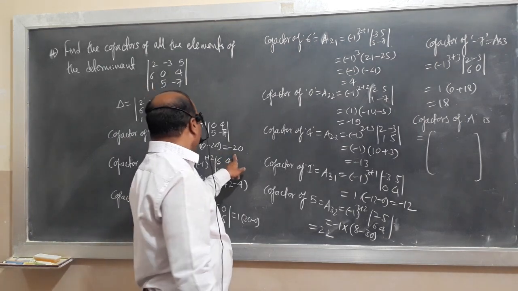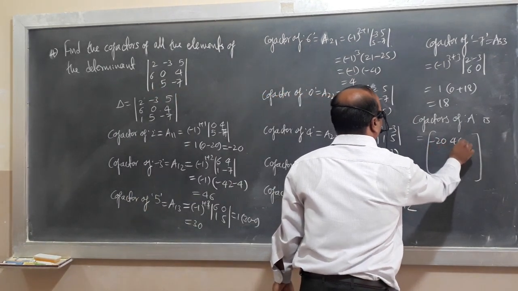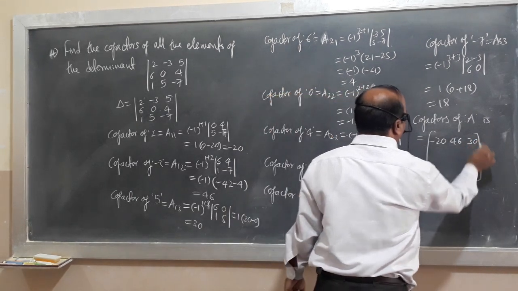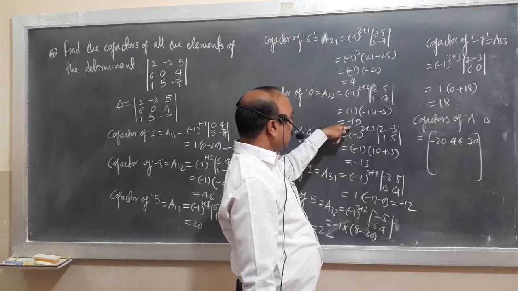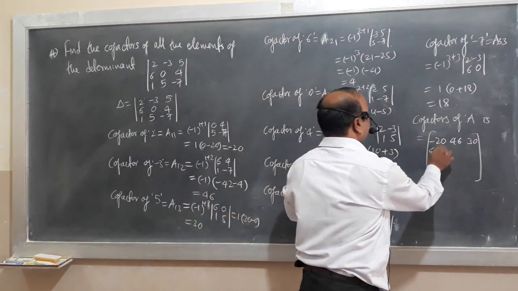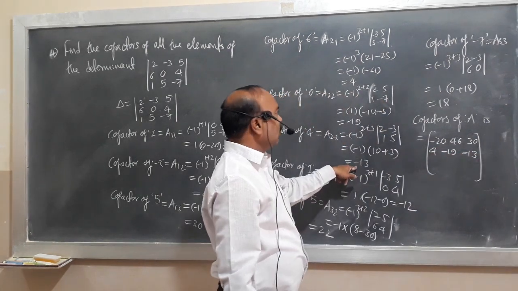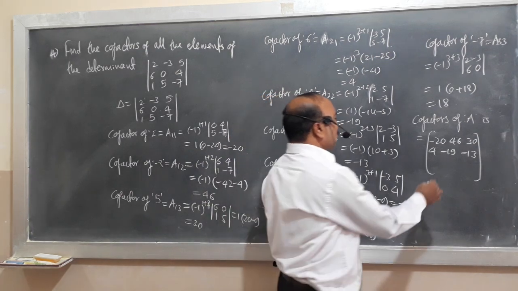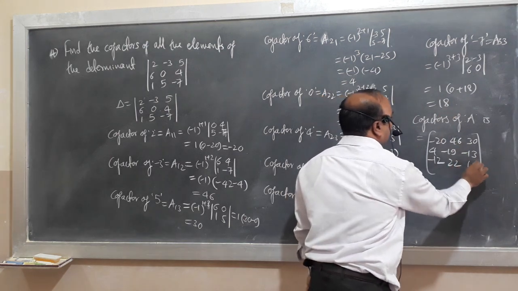That is -20, 46, and the third element is 30. It is in the first row, and the second row is given by 4, -19, -13, and the third row is given by -12, 22, and the last element is 18.